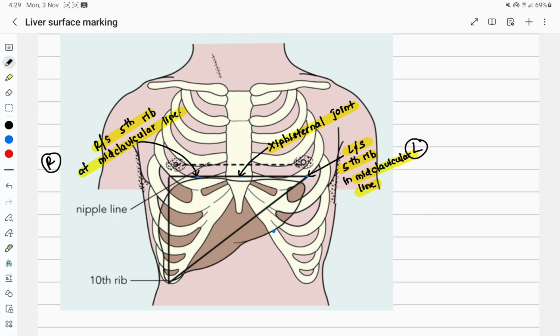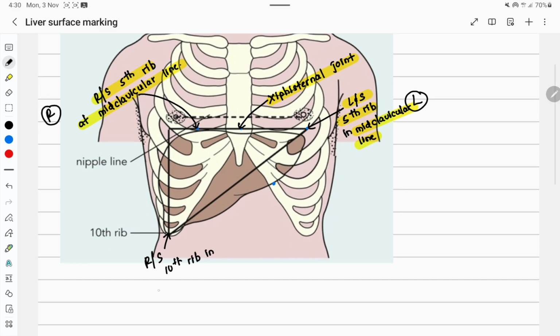In the inferior border, there are several relations. First, you have the right side 10th rib in the mid-axillary line. Then secondly, you have the tip of the right 9th costal cartilage here.